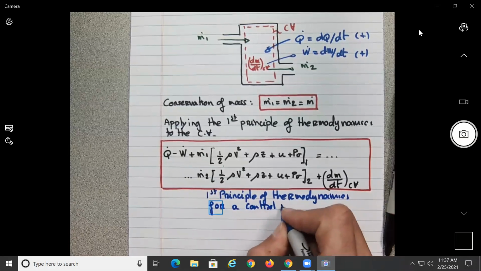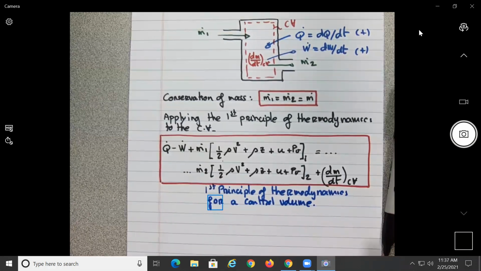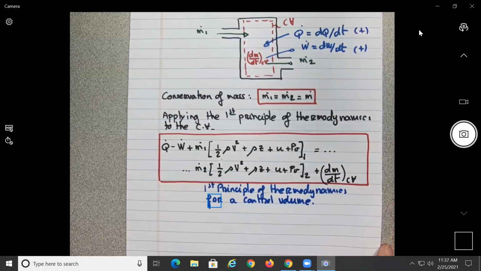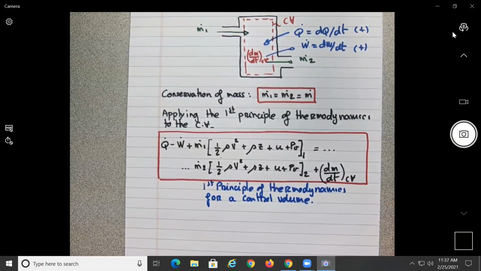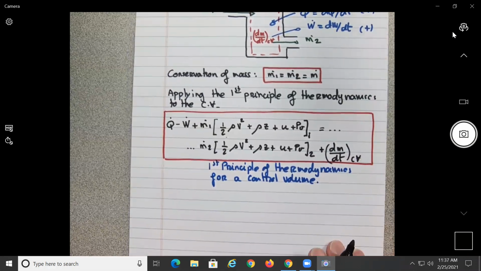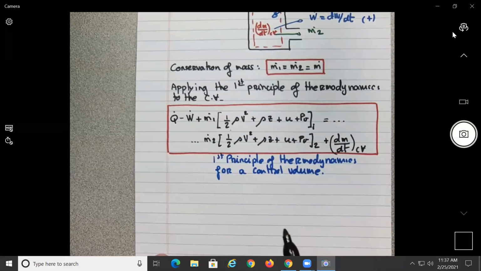For a control volume or an open system, okay? All right. So, let me simplify that equation.